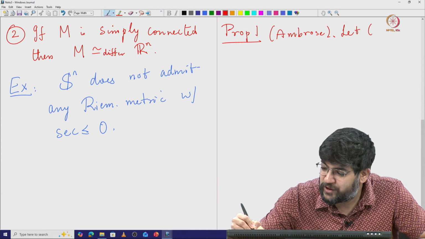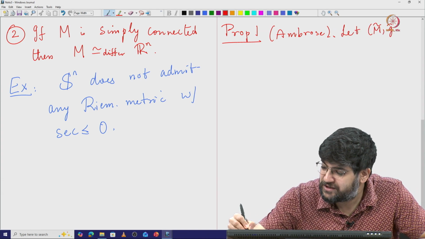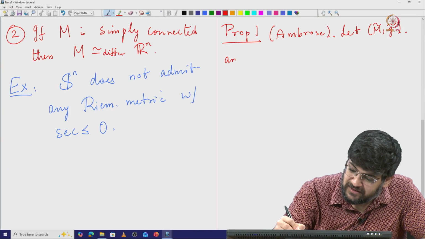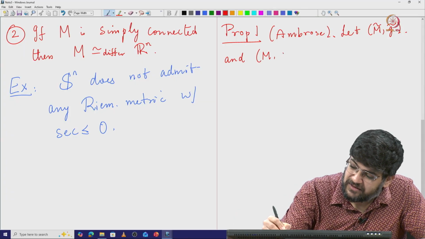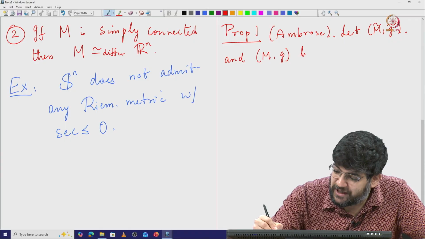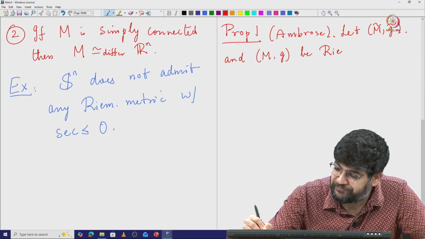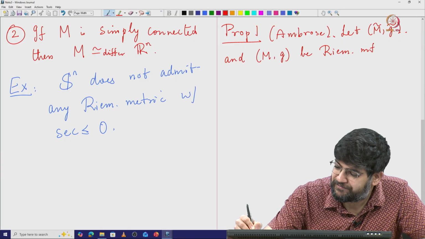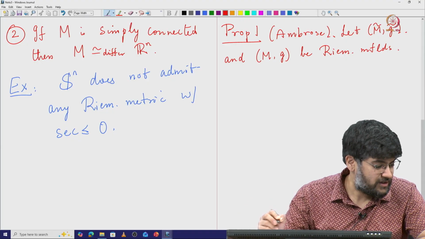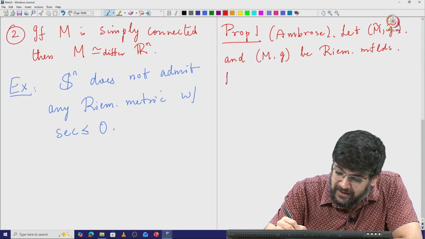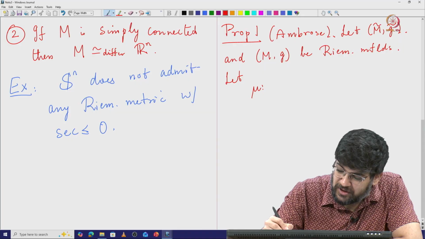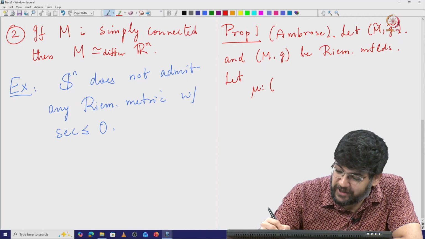So this says the following: let M tilde, g tilde and M, g be Riemannian manifolds, and let mu be a local isometry.